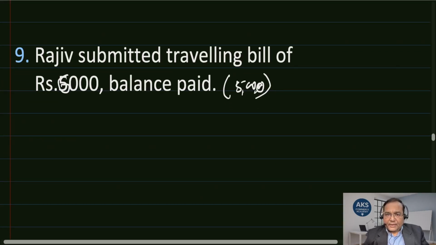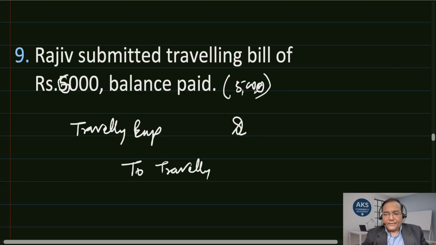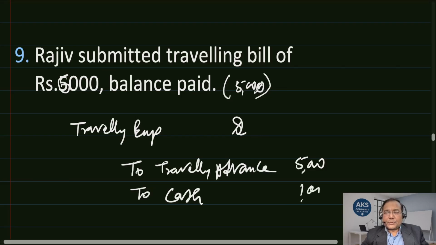Traveling expense debit, all right, to traveling advance, which was 5,000, and to cash 1,000, because cash was to be paid back to Raju by the firm for the excess expenditure that has happened because of this particular transaction. He was given only 5,000 as an advance, but the actual expenditure was 6,000. Therefore, we will debit 6,000 traveling expenses, credit the traveling advance adjustment, and the balance cash was paid. So this is how the entry is to be made.